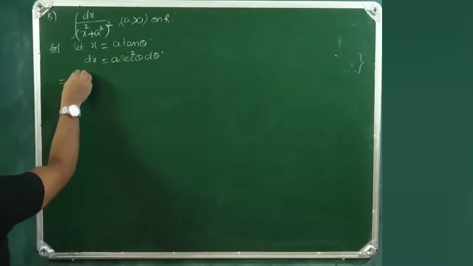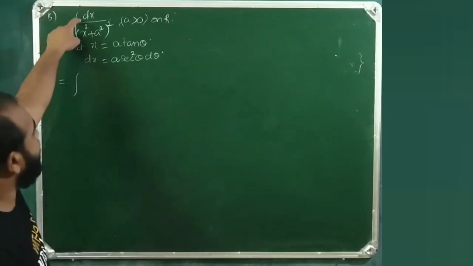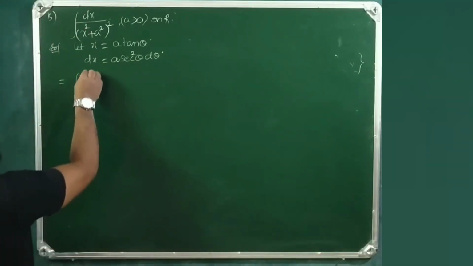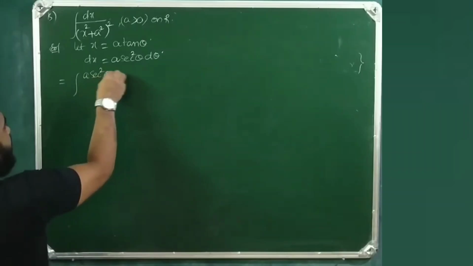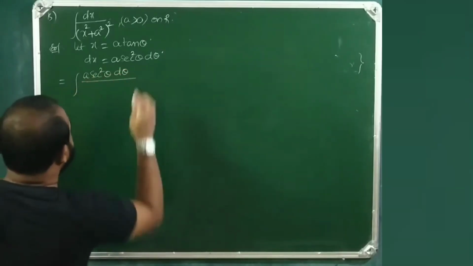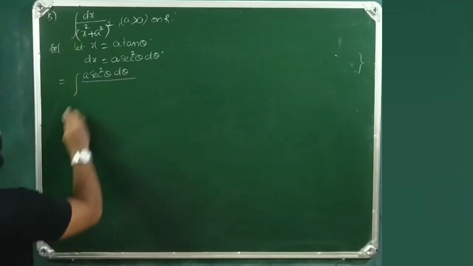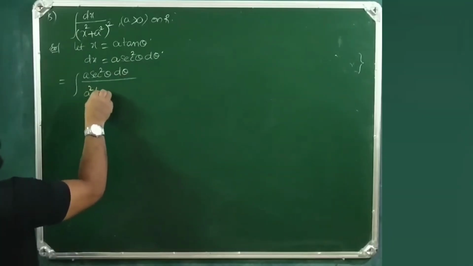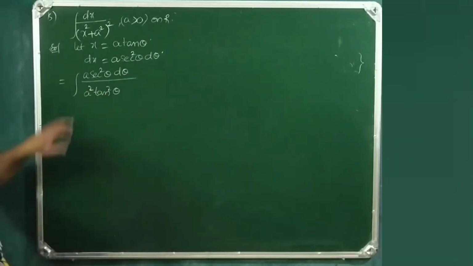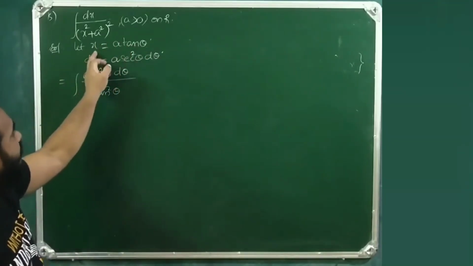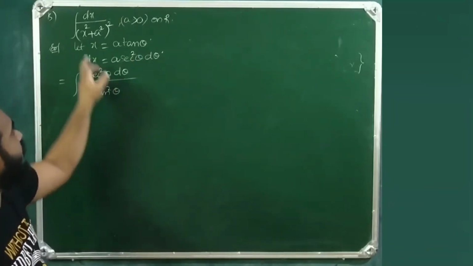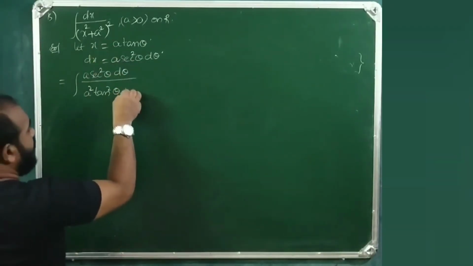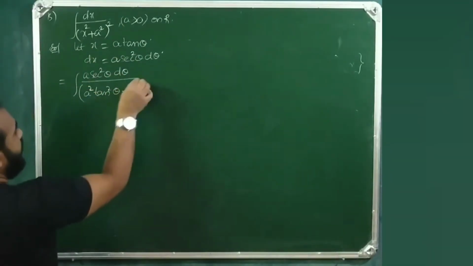Now this is equal to a secant square theta d theta by, x square is a square tan square theta. X is a tan theta, so x square is a tan theta whole square. So a square tan square theta plus a square, whole square, is there.